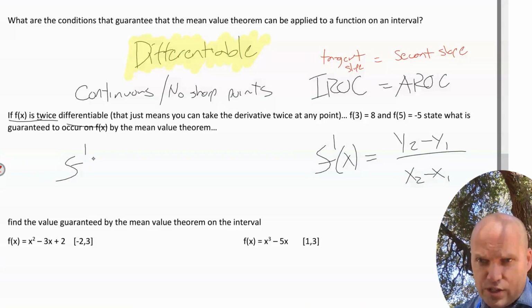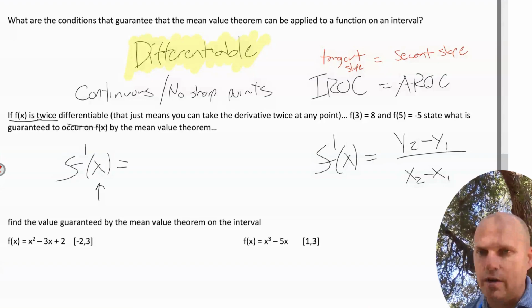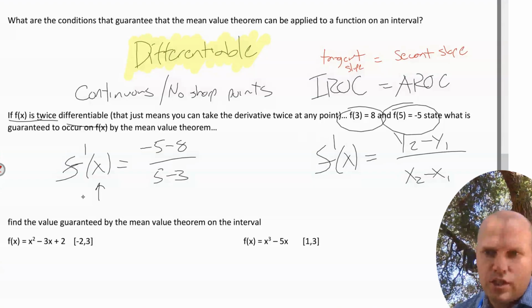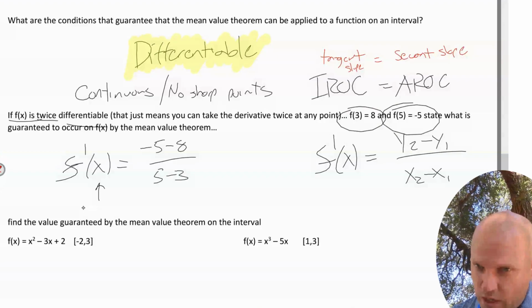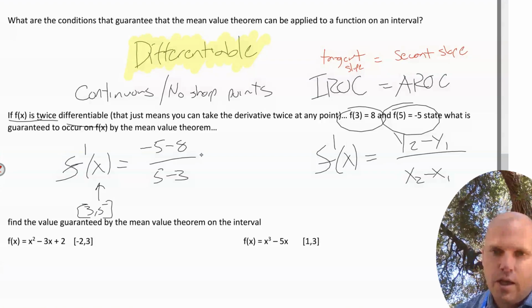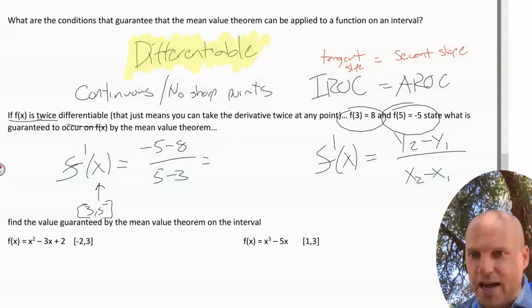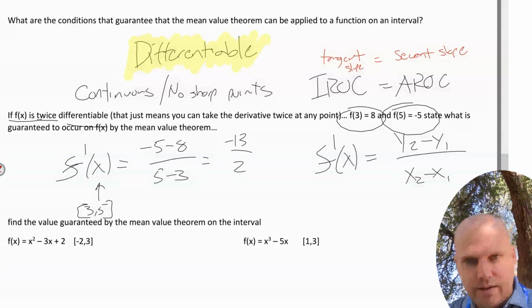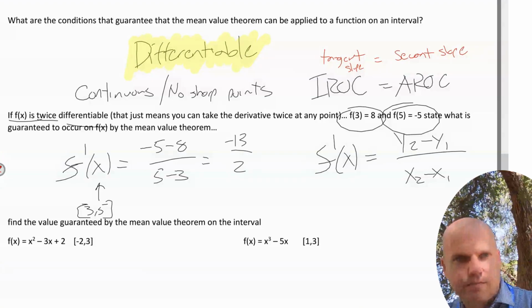Anyways, all this means is there's some x value somewhere, guaranteed, at least one, where the slope of f equals the slope of the secant. This x value is some value between 3 and 5, guaranteed. And we're guaranteed to have that x value where the slope equals negative 13 halves. I don't know why I made it like that. That's what it is.